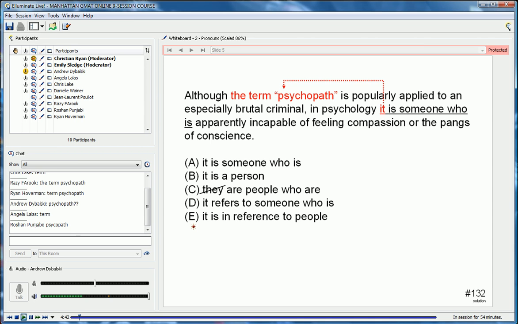Well, I kind of went back and forth between 2 choices, but I saw is popularly applied, so I thought it should be, at first I guess it should have been, is someone sort of continuing that on? Is someone who is, but then I went back and forth between B and D, so I wasn't sure.